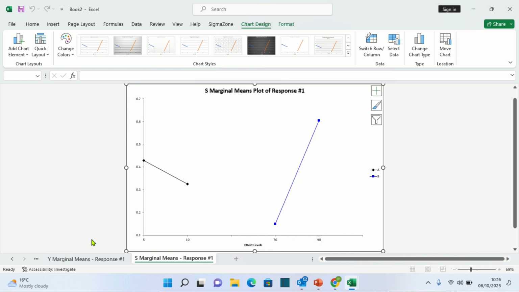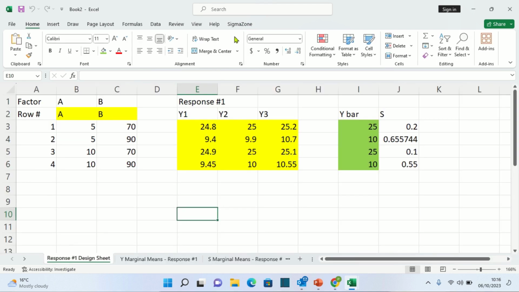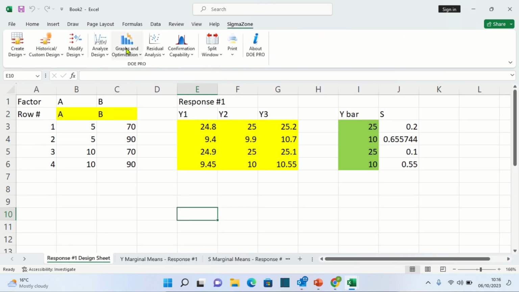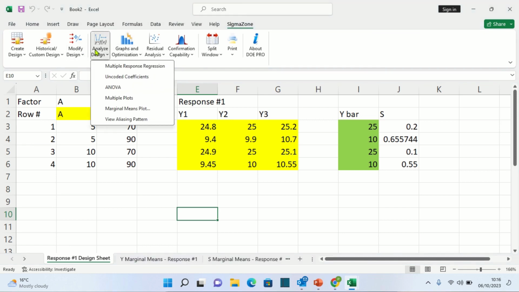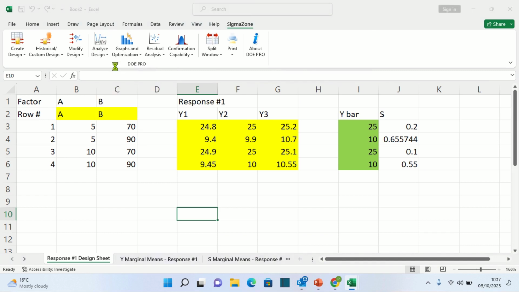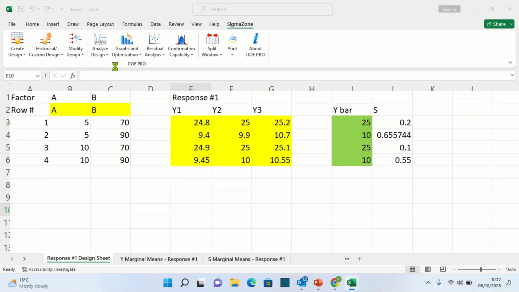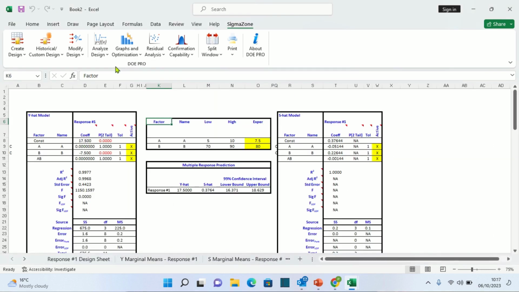There's the marginal means plot. Now what we're going to do is go back to the data, back to SigmaZone, analyze design. Let's get the equations. Press multiple response regression at the top. Now you get this table.